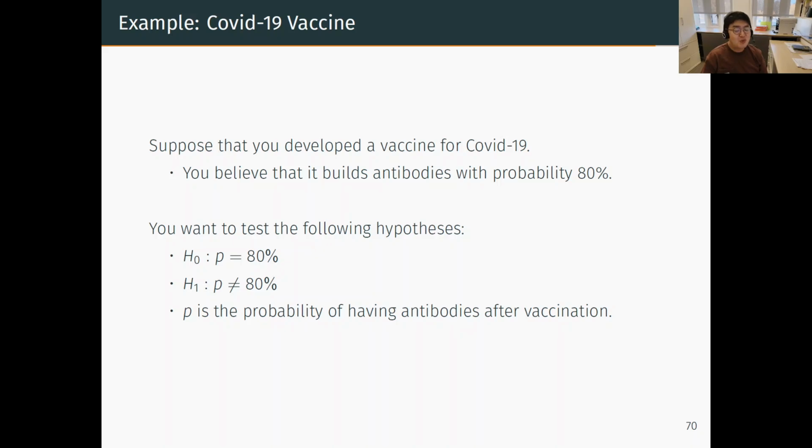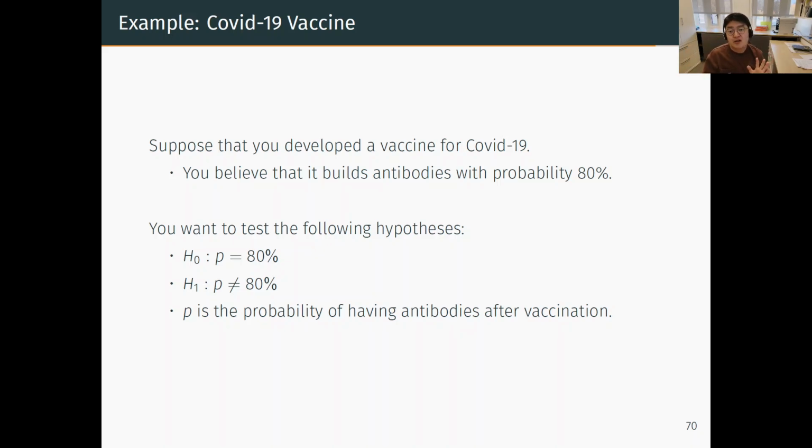Anyhow, suppose that you developed a new COVID vaccine, and you believe that your new vaccine works with probability 80%. So 80% of those who got this vaccine would have antibodies.